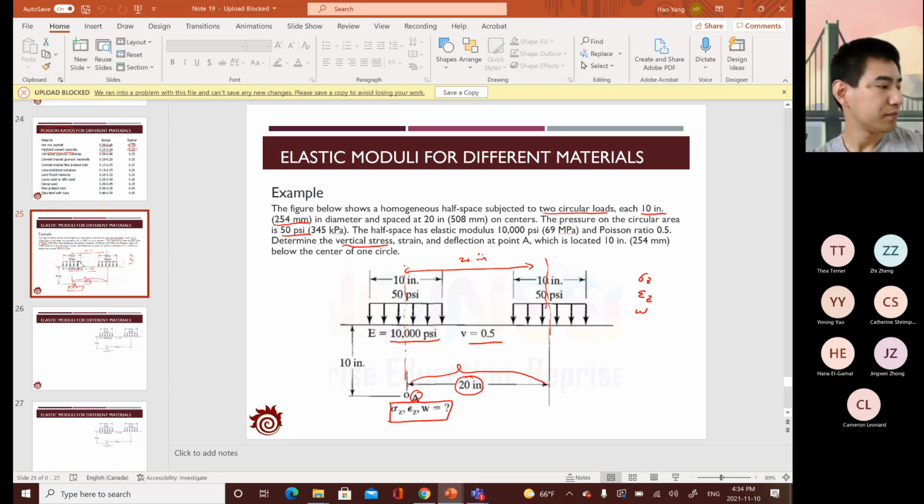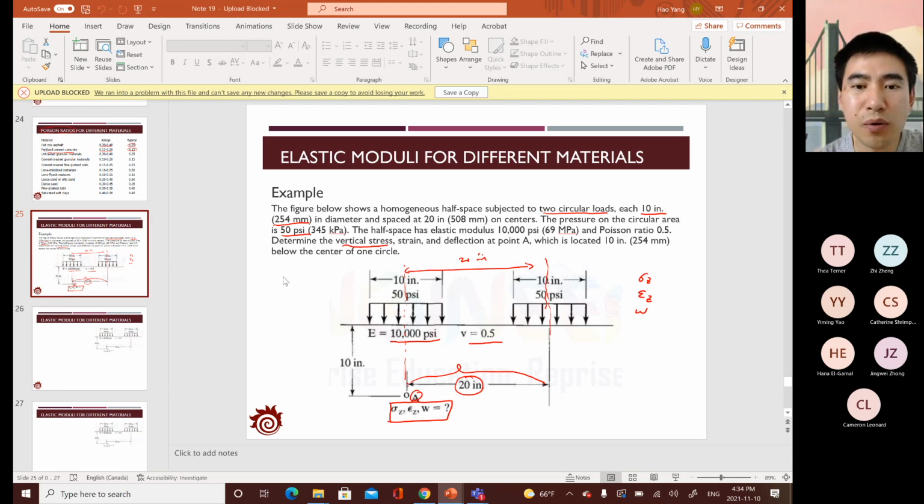In this example we assume that there's a flexible pavement, and the pavement is homogeneous. And we also know that there's a load from the two tires applied to the pavement.